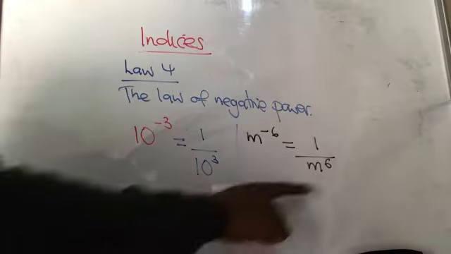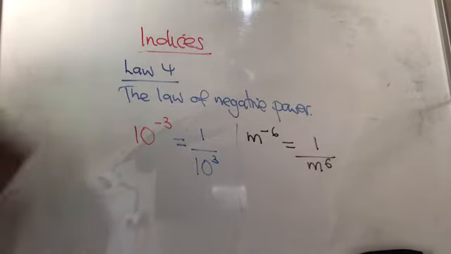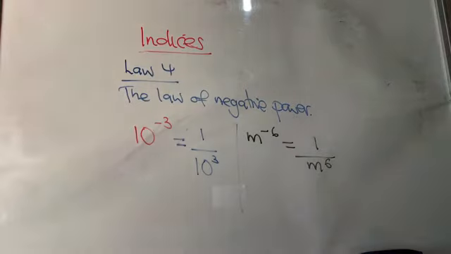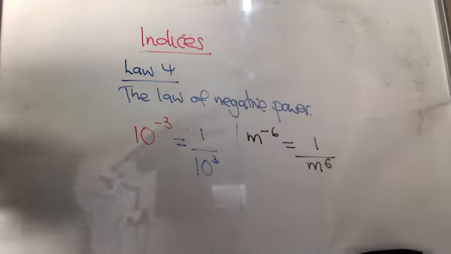The bottom number is now positive. This is what we want. So we've made this number positive. This is very important. Let's look at more and more examples on this, because we still need to understand how to deal with negative powers. All right, let me give you another one.